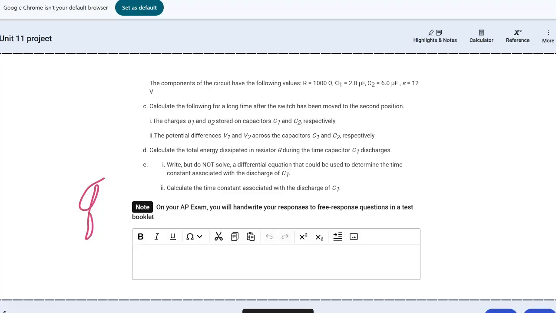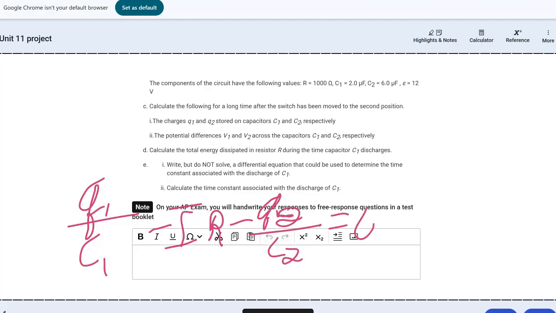So it'd be Q1, so first voltage, minus I R, minus Q2 over C2, and then we know I equals dq over dt.